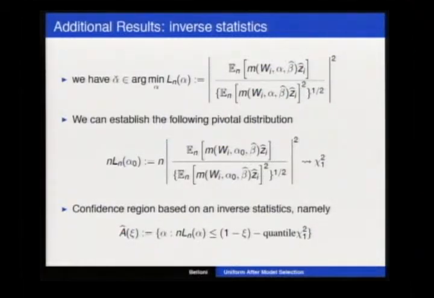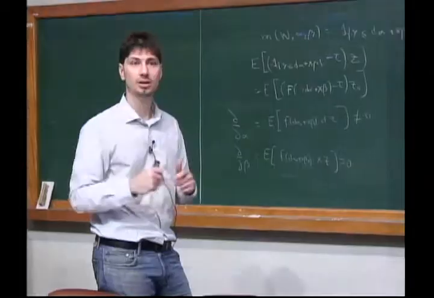We can pick all the coefficients alpha such that this rescaled criterion function is below the particular quantile of the chi-square. That defines a region. It doesn't need to be an interval. It could be a separate region, a non-convex set.